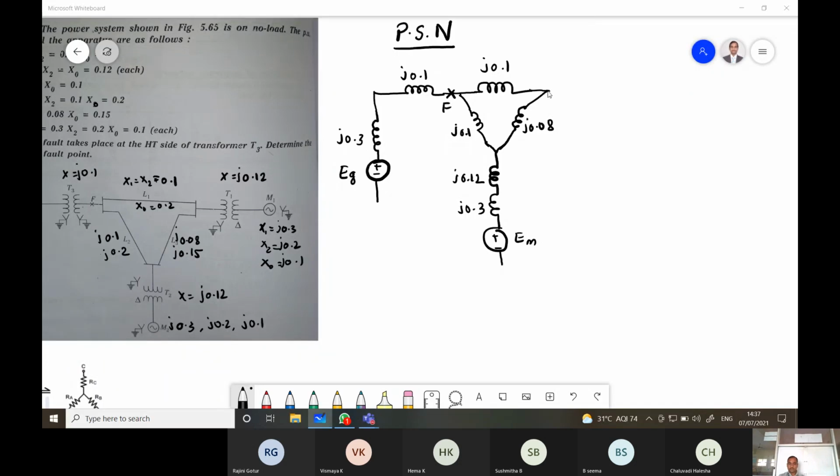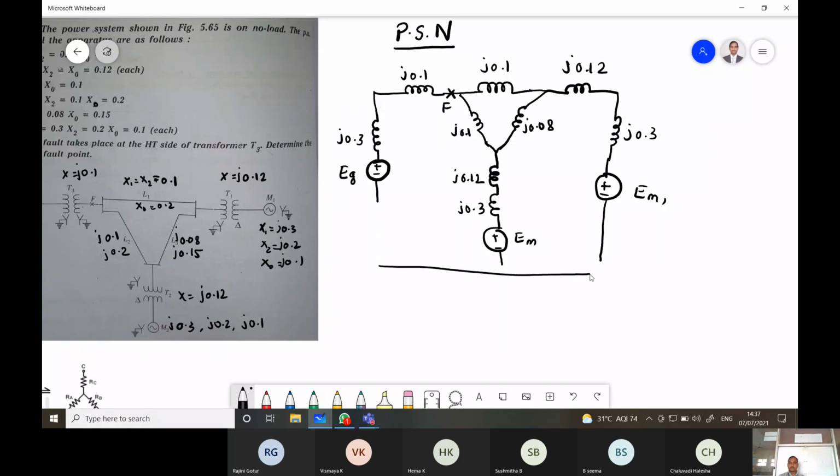Similarly, next transformer j0.12 and motor reactance j0.3. EM1, reference bus. All of you got this?